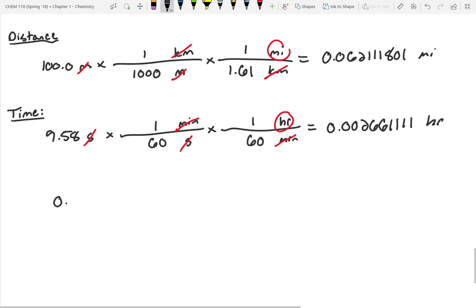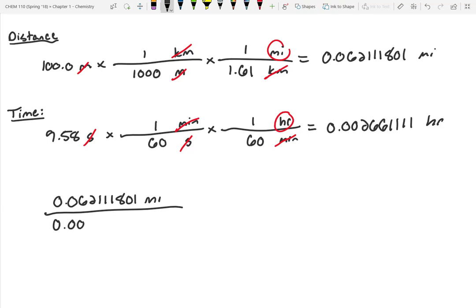All right, so now we need to merge these two together. Say, all right, 0.062111801 miles divided by 0.002661111 hours. So let's try that.